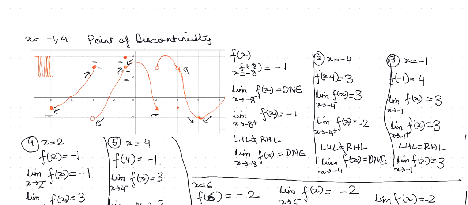And at x is equal to -4 and +2, we can see this is known as a jump discontinuity. That occurs when a curve breaks at the point and starts somewhere else.